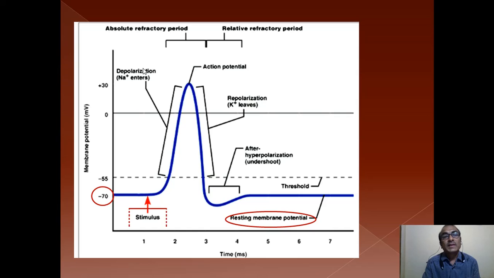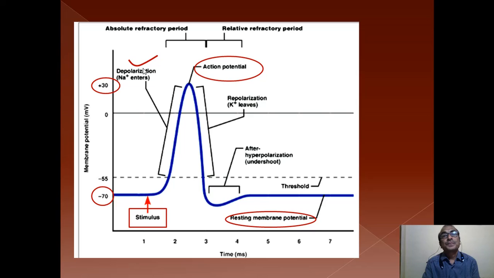Then when there is a stimulus striking the neuron, the membrane potential increases above 0 and reaches the maximum, plus 30. So that is how the depolarization is the reason for that. And we know that at plus 30 millivolts, the action potential is taking place.